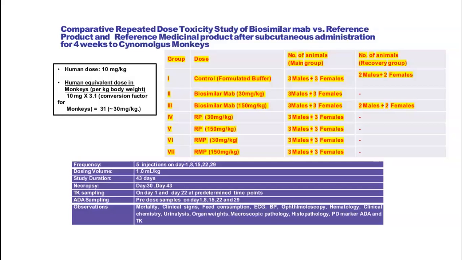In the world, especially 2 innovator drugs are being used. One is marketed in the EU and one is marketed in the US. That's why I call it the reference product, mainly in the US, and RMP in the EU region.